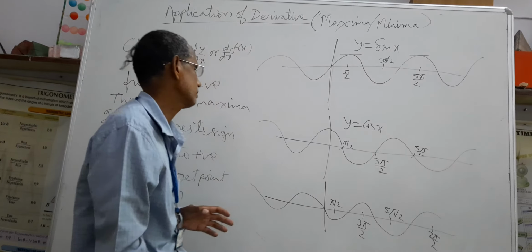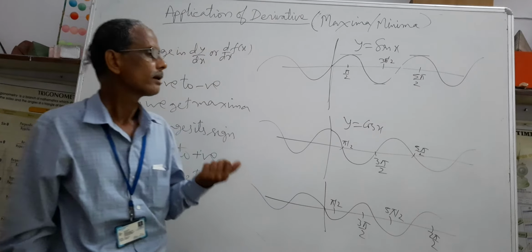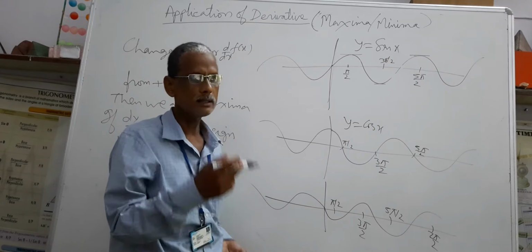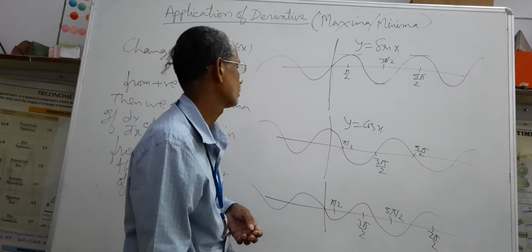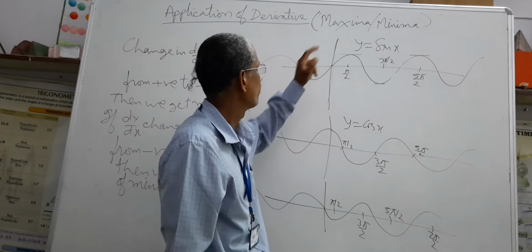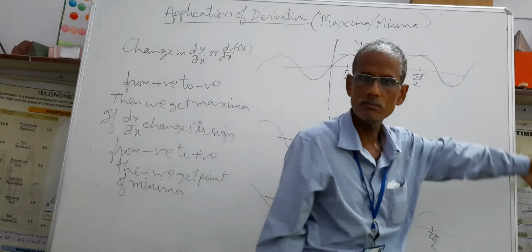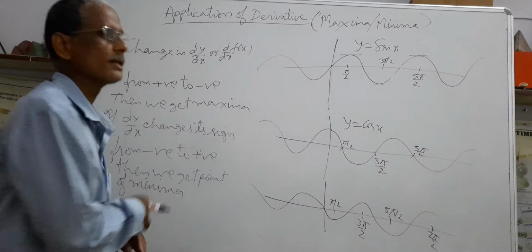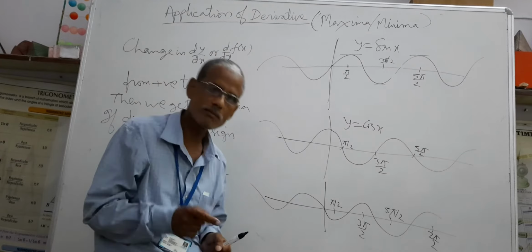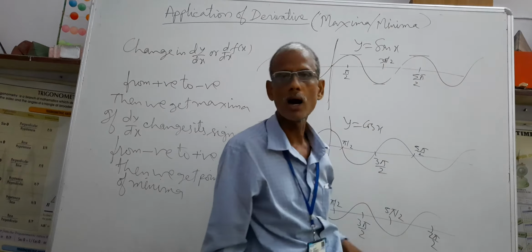Also remember that crest and trough occur one after another serially. Here also maxima, then minima, then maxima, then minima, continuously. Between any two maxima, there always will be a minimum. Between any two minima, there always will be a maximum.